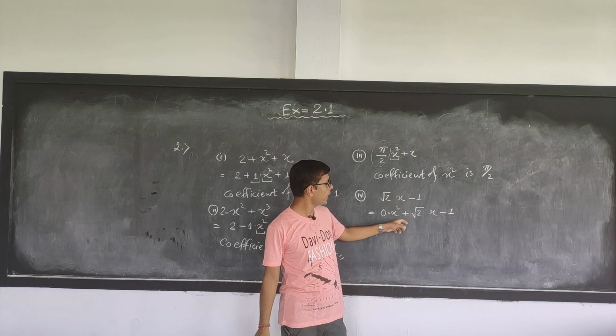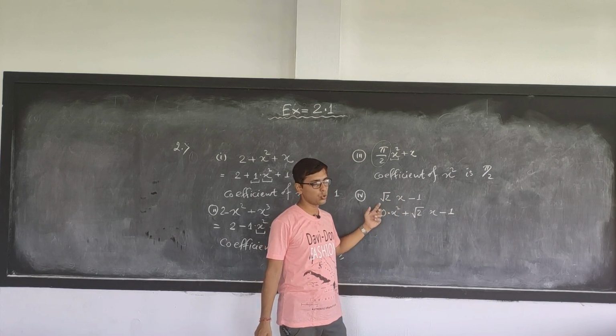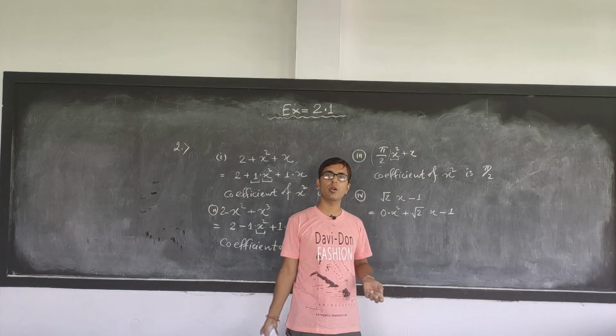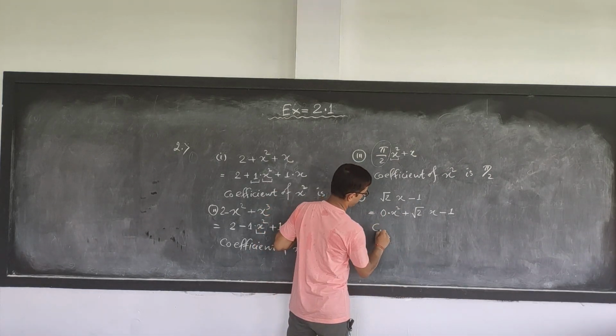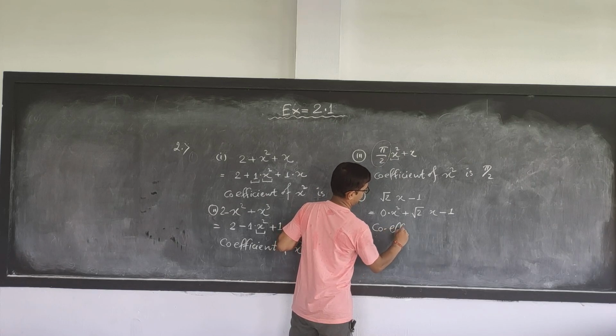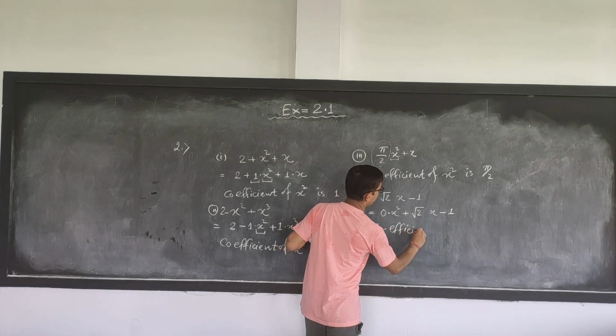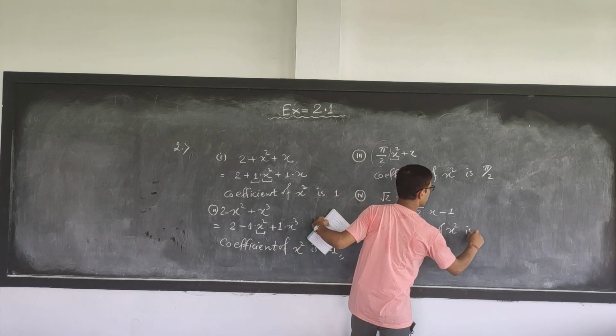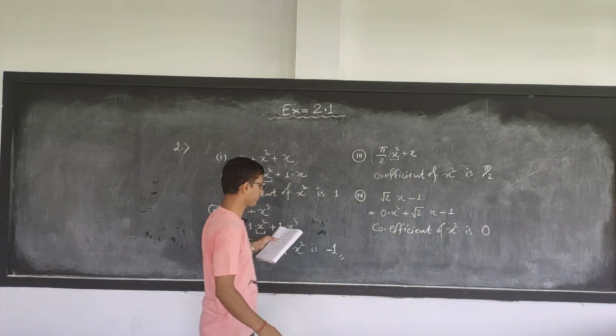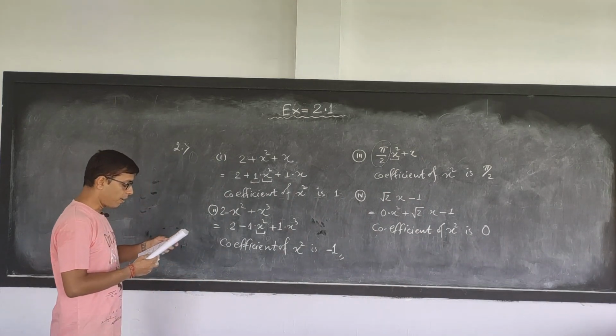Even if you write 0 x square, the coefficient of x square is 0. If there is no x square, the coefficient of x square will always be 0. Is that okay?